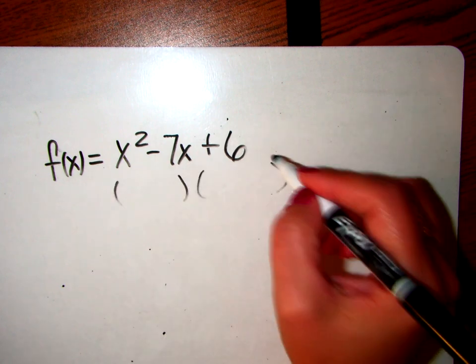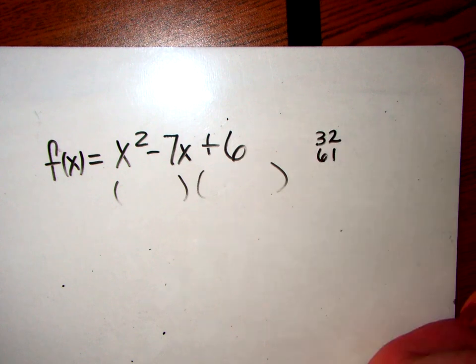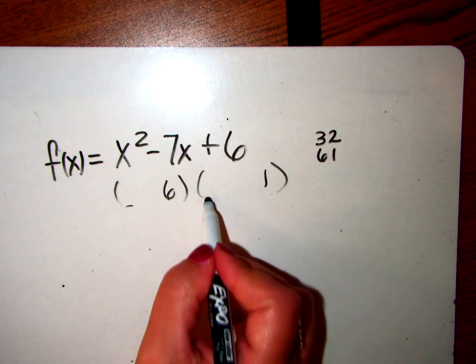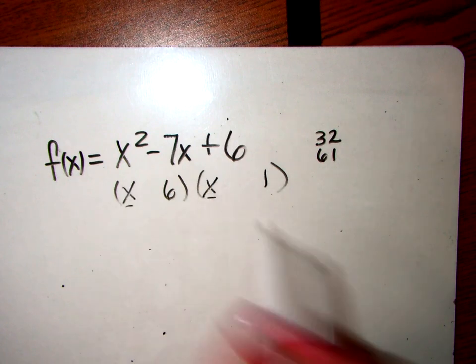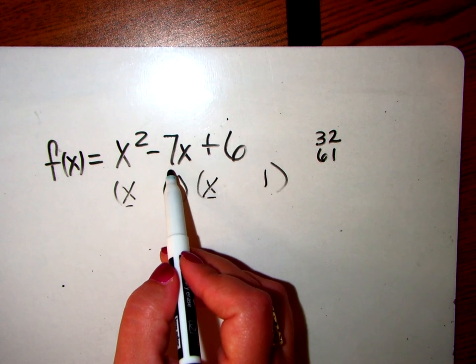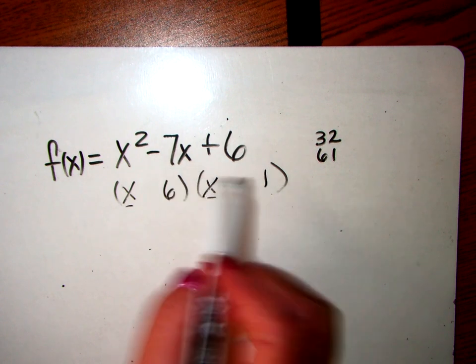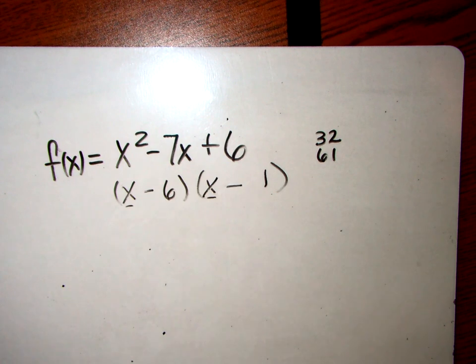So I'm looking at factors of 6 that add to get 7. Okay, so that's going to be 6 and 1. And I know that my first two terms have to multiply to get x squared, so they're both going to be x. I need them to add to get a negative 7 and multiply to get a positive. So I know they both have to be negative. Okay? So we just factored it.